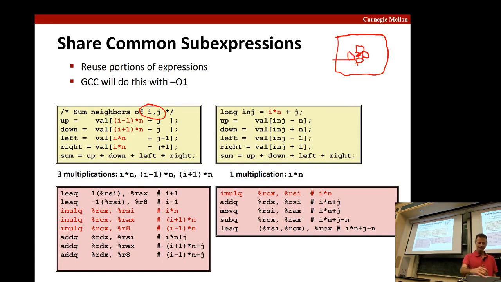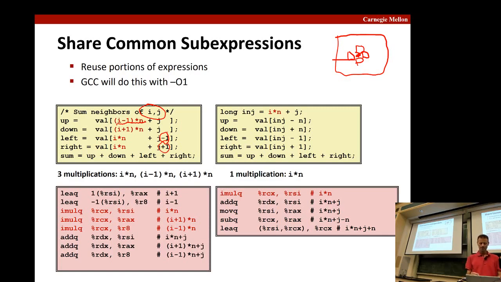To do that, it's this series of address calculations. To go up, you keep the j but jump up by a row. Down is the opposite: you add a row. And for left and right, you just subtract 1 or add 1 to the value of j.